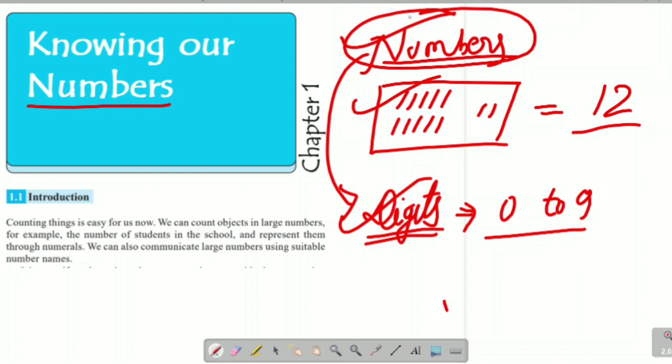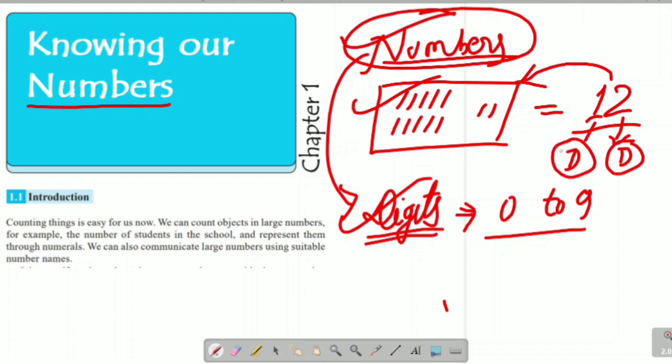Here you can see we have formed numbers by using the digits. Here 1 and 2 are showing the numbers, the amount, the measurement of these lines. So here 1 is a digit and 2 is another digit.